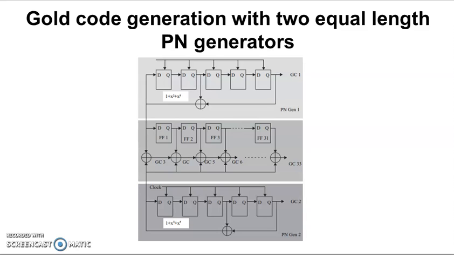You can consider that we have PN generator 1 and PN generator 2, and they generate a gold code, which is a modulo 2 addition of two PN sequences of the same length. Here is an example: it considers 5-bit shift registers, and we can generate 6 different PN sequences, each of length 31 bits, using 6 different polynomials.